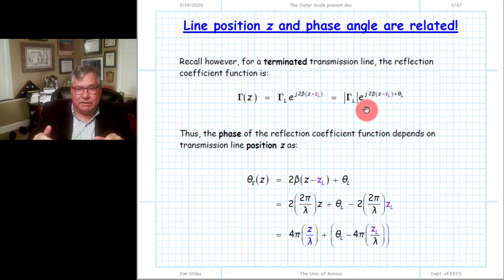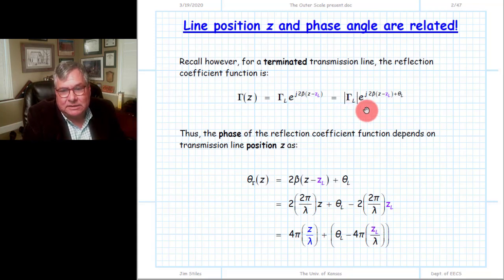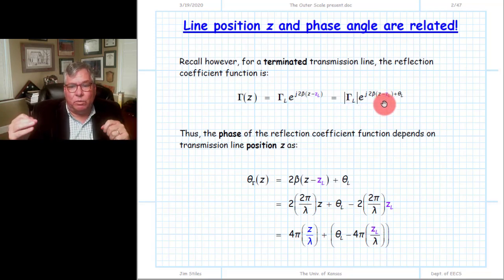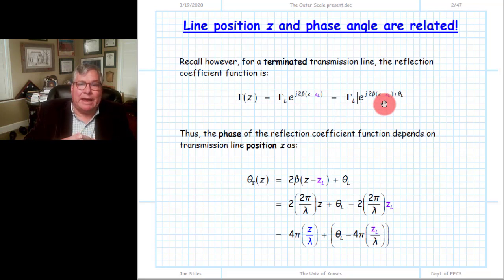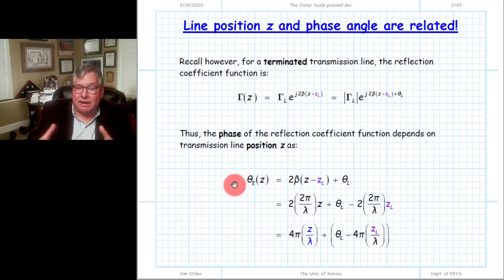And of course, the thing that we know is the magnitude for a lossless line will be a constant, independent of position z, but the phase will change as we move up and down the line for a terminated transmission line. The phase of the reflection coefficient will vary in a way that's described by this equation. And it's fairly simple.